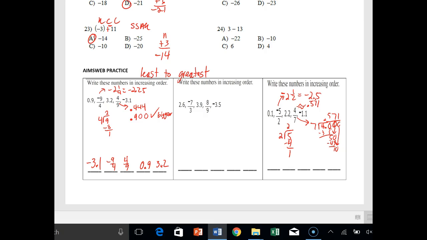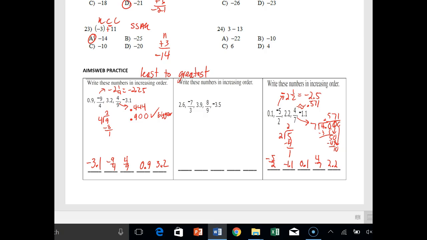All right, and now we have nothing but decimals. So the most negative on here is negative 5/2, because that's negative 2.5, followed by negative 1.1, followed by, if I compare 0.1 to 0.571, which one's the smallest? Obviously 0.1. Then 0.571, which is 4/7, and then 2.2. And you can do this work.